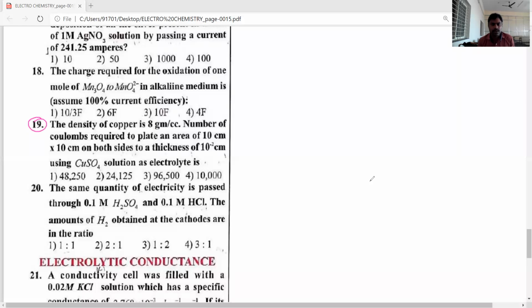The density of copper is 8 gram per ml. Here the area and the thickness on both sides, the thickness is 10 to the power of minus 2.